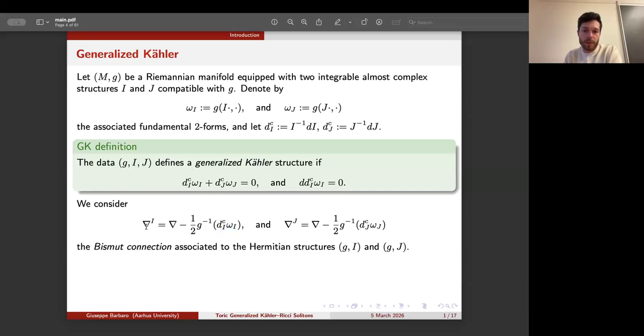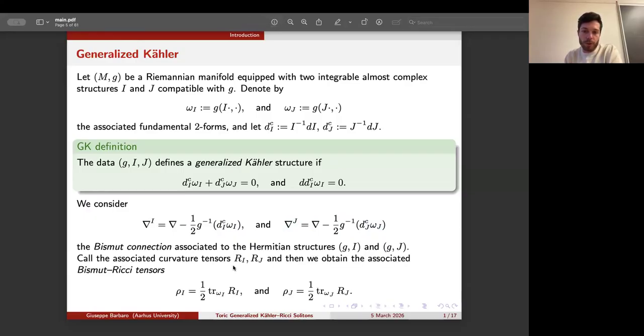So we have the Bismut connection for the I structure and the Bismut connection for the J structure. We will call R_I and R_J the curvatures of these Bismut connections, and rho_I and rho_J the Bismut-Ricci forms.